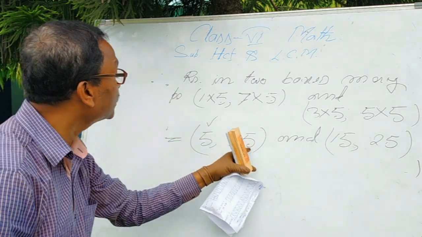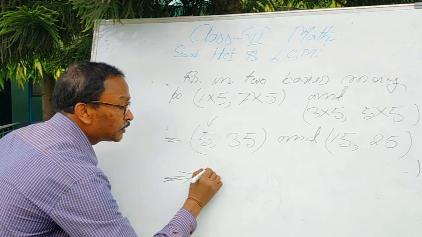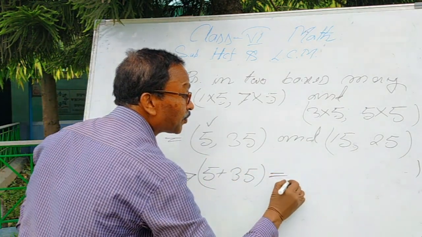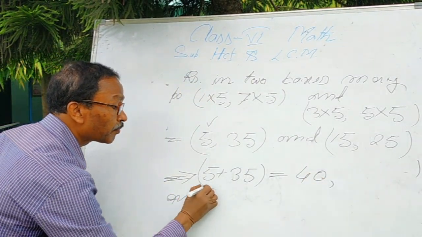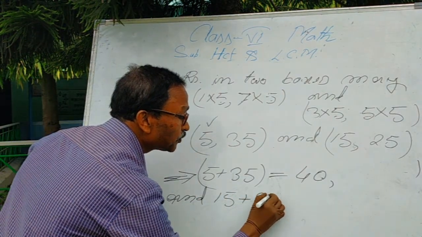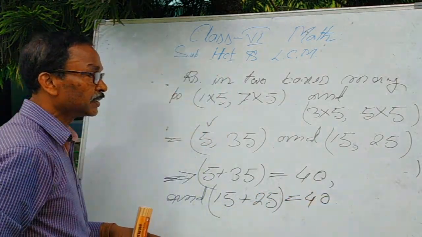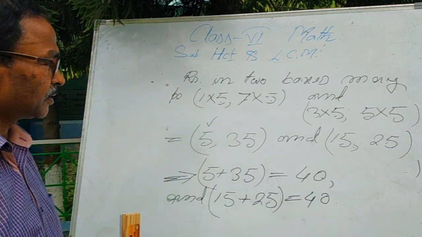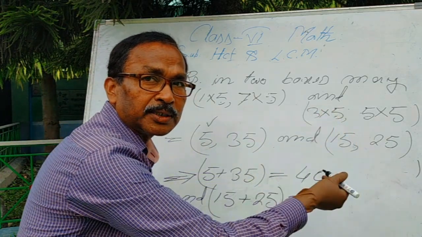So the sum of these two, 5 plus 35 equals 40, and 15 plus 25 also equals 40. Now if you take the other two pairs, then this condition will not be fulfilled.